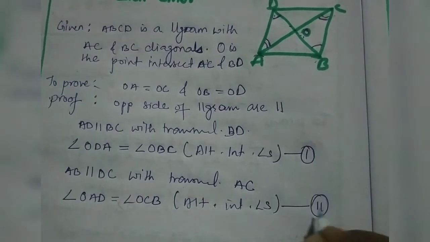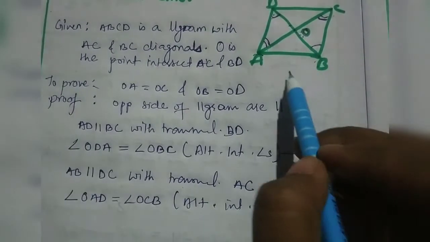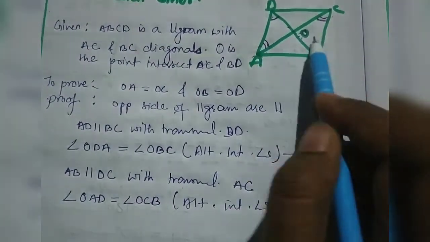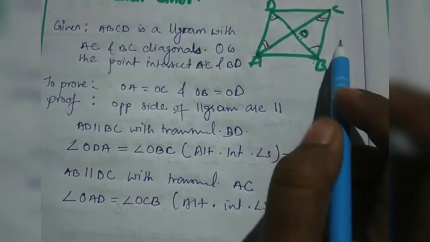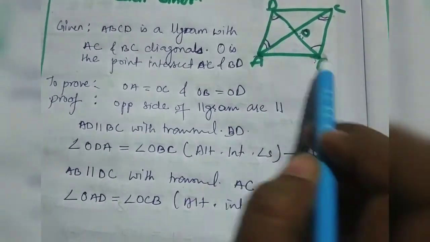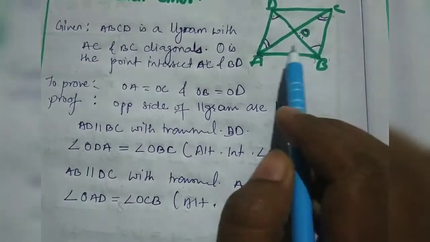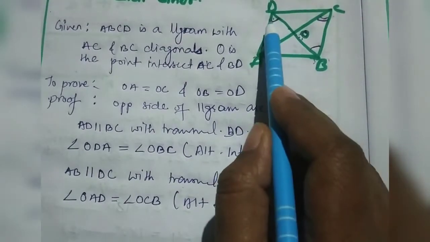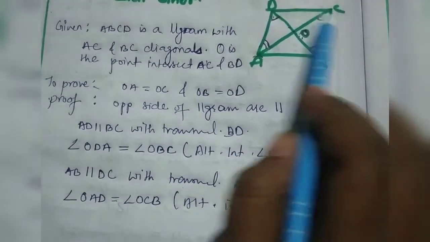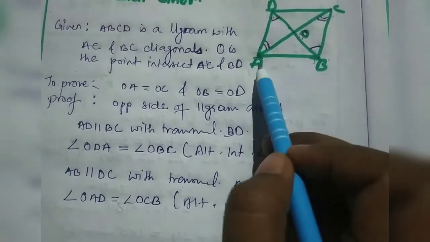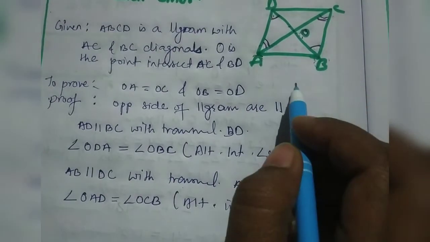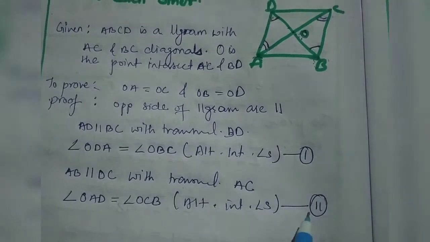Equation number 2. We know that AD is parallel to BC and BD is a transversal, so this angle equals this angle by alternate interior angles, and this is parallel to this and AC is a transversal, so this angle equals this angle with the help of alternate interior angles. So we get the two equations.